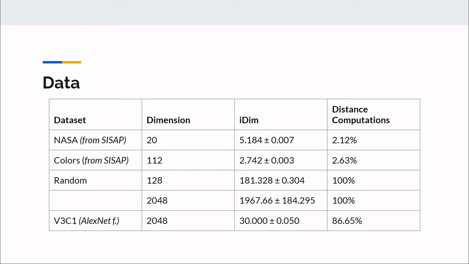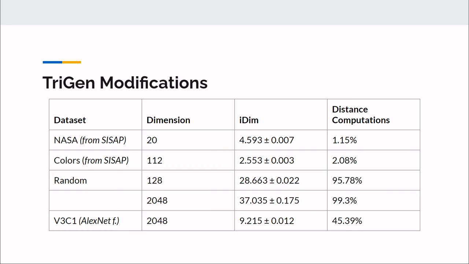We can notice that for datasets with high intrinsic dimensionality, it is almost impossible to index objects using the LISA algorithm. After TriGen modification, which preserves zero retrieval error, the intrinsic dimensionality is generally lower. Moreover, for datasets with high intrinsic dimensionality, the performance is better, in the case of high-dimensional vectors from AlexNet almost 2 times.